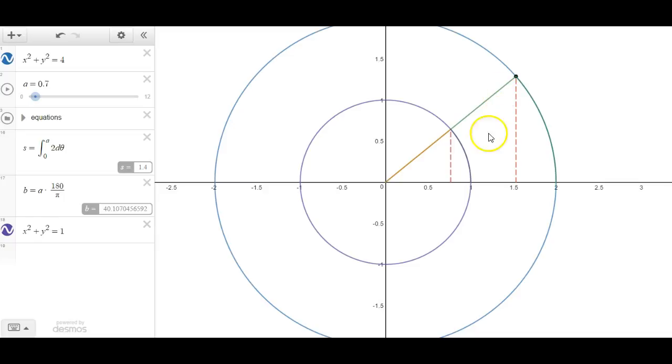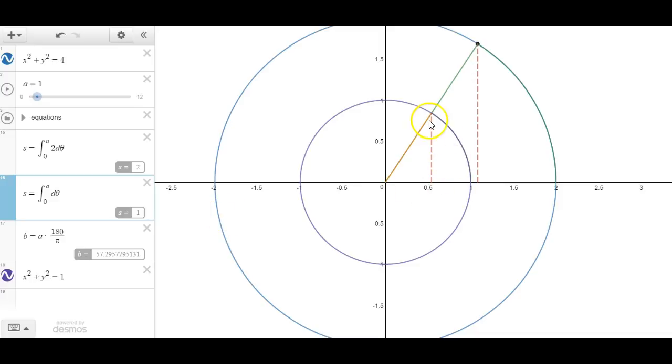So these are similar triangles when the radius is 1 versus the radius 2. The arc length is 2 for this one, and the radius is 2, and the arc length is 1 for the unit circle.